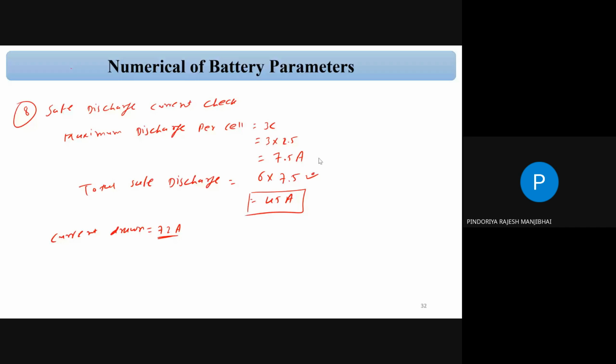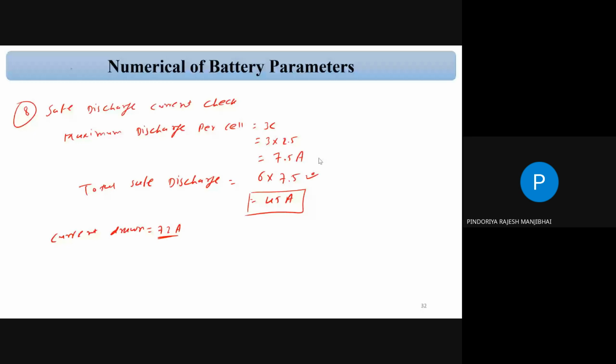In an overcurrent condition, the BMS must disconnect, otherwise limit the charging. Here the total safe discharge is 45 ampere, and the current drawn from the battery is 72 ampere. So this is the safe discharging current value.